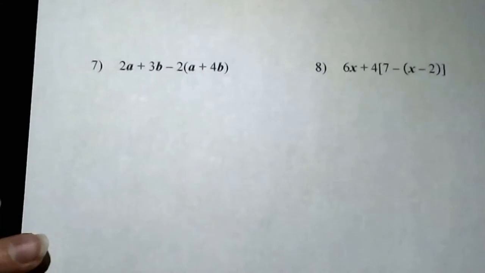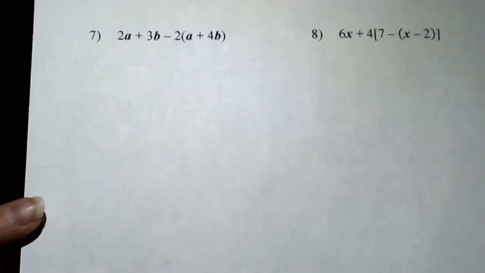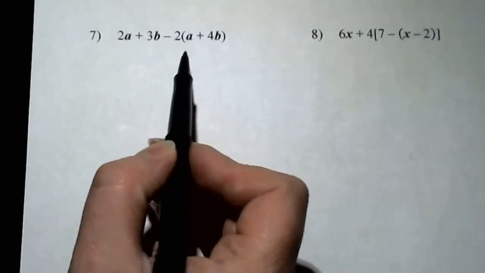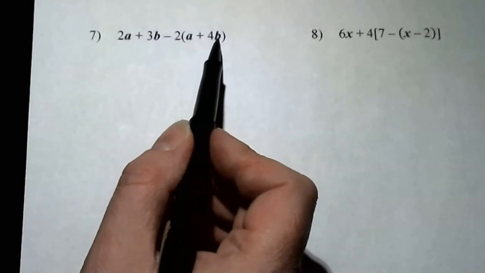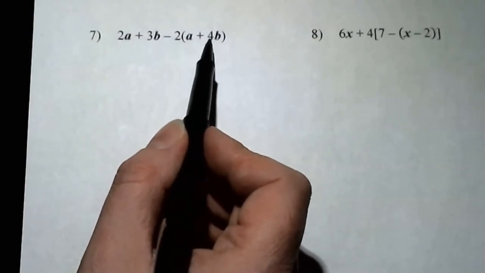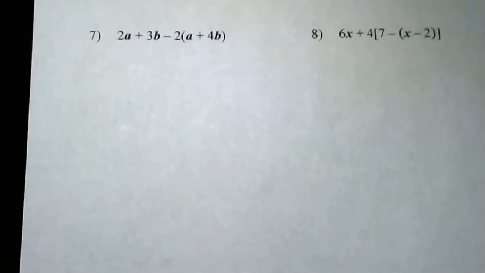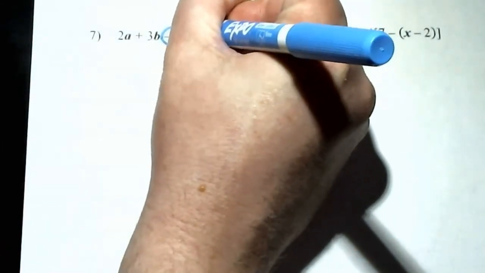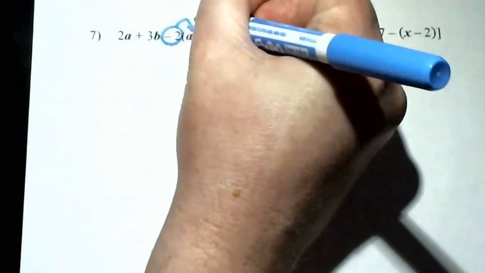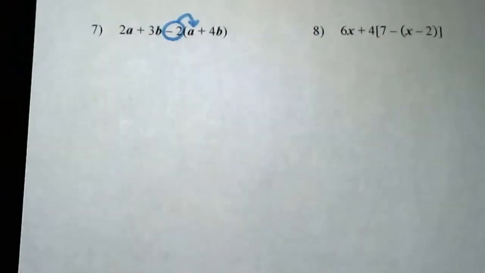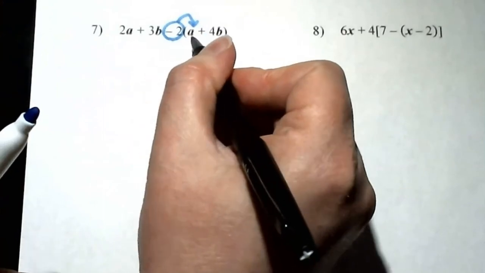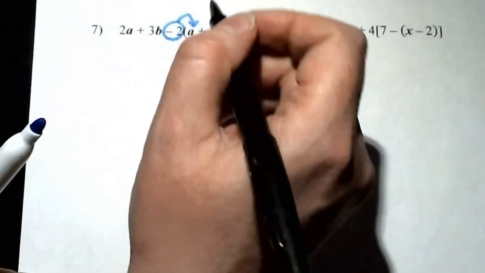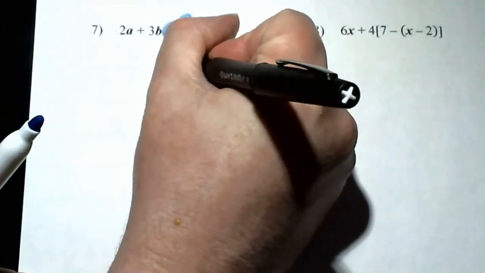On to number 7. Number 7, I see parentheses, but inside I cannot combine anything. So I'm going to just start with distributing. So take this -2 that's in front and distribute it first to the A. -2 times, this is a 1A, is -2A.